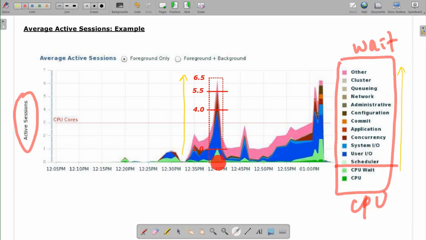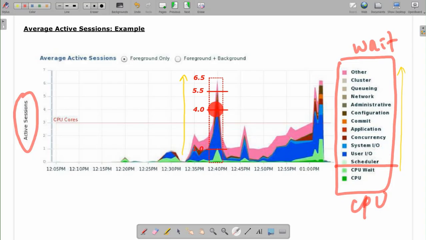We have green color here, light green and green, and the spike is around 1. So in this peak time period, out of 6.5 average active sessions, one session consumed CPU time in this time period. And also, another statistic is the blue color. So what is the blue color? That's user I/O.